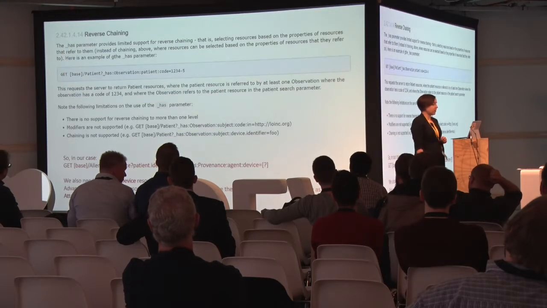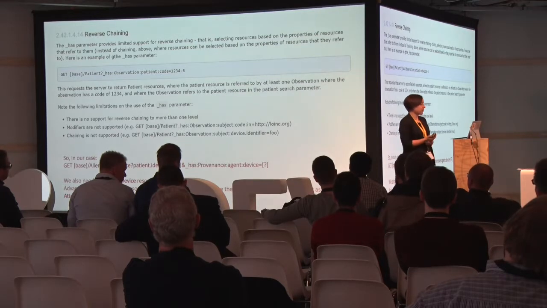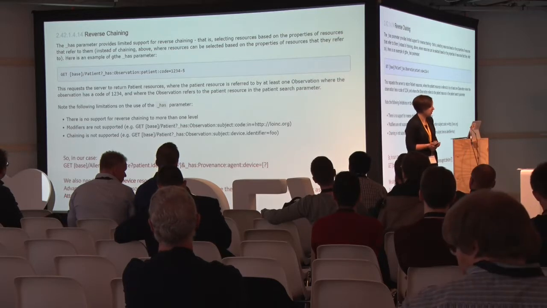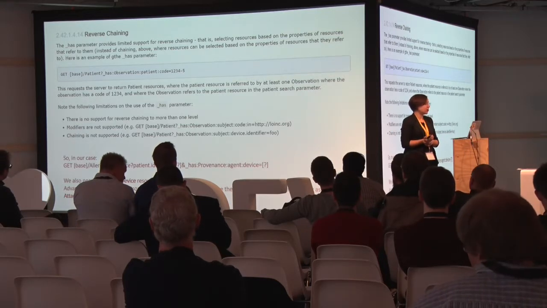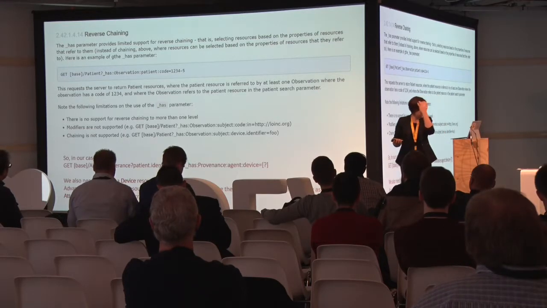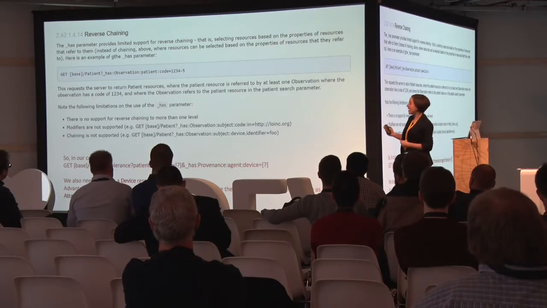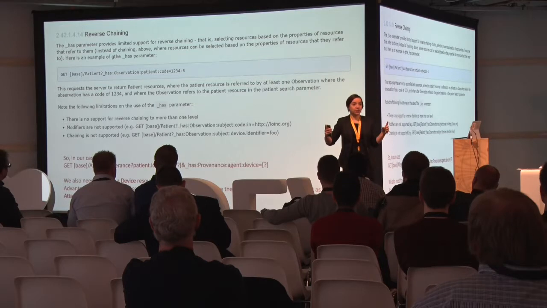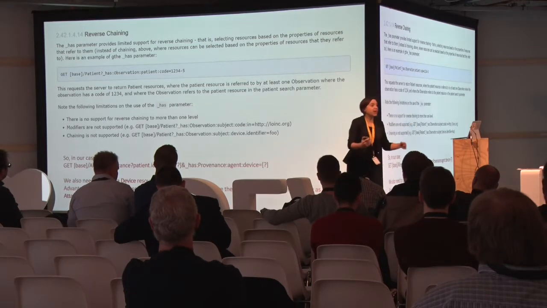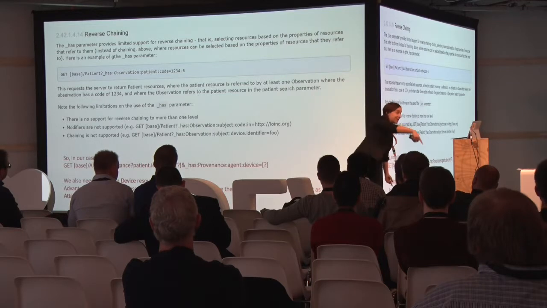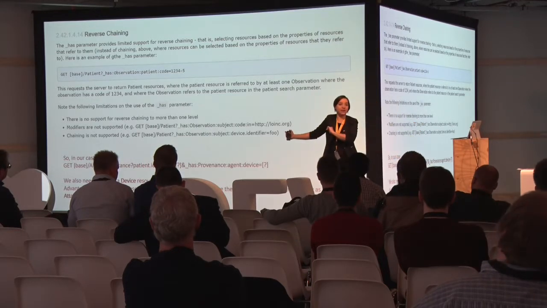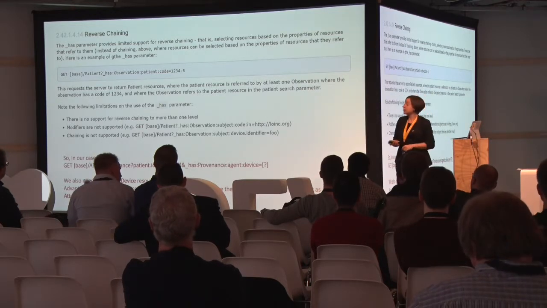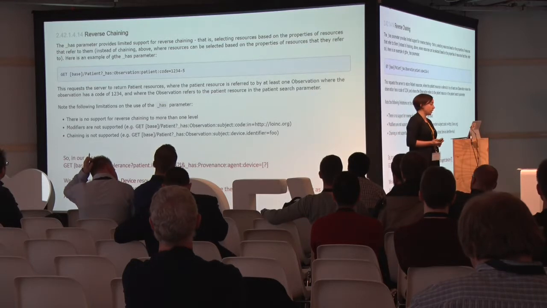So in order to rediscover our resources, we have to use something that's also been just recently introduced in STU3 after the change request, which is the reverse chaining, because now we have to ask the server to give me all allergy intolerances of that patient that have a provenance resource pointing at them where the agent is our device. And this kind of reverse chaining has not been possible before, so it has been added with STU3.